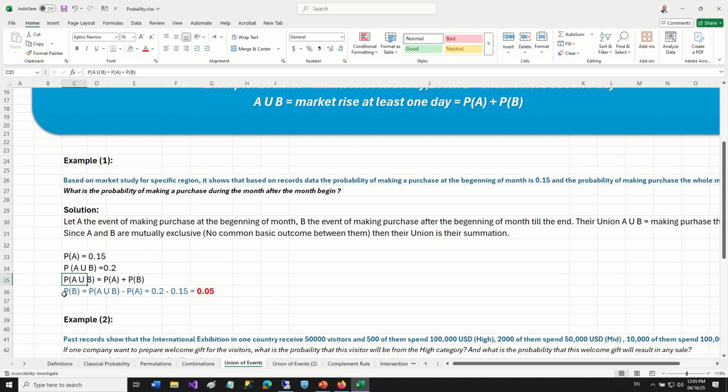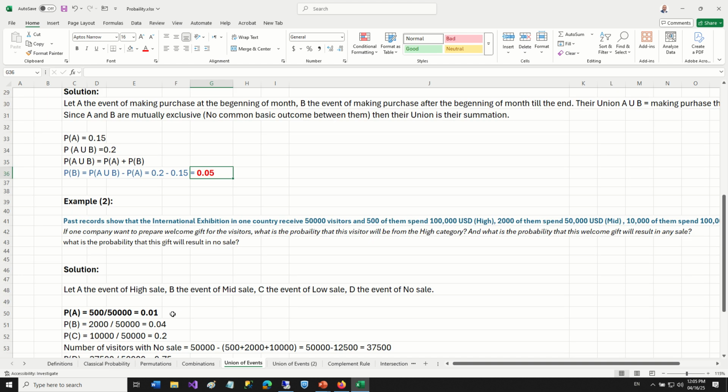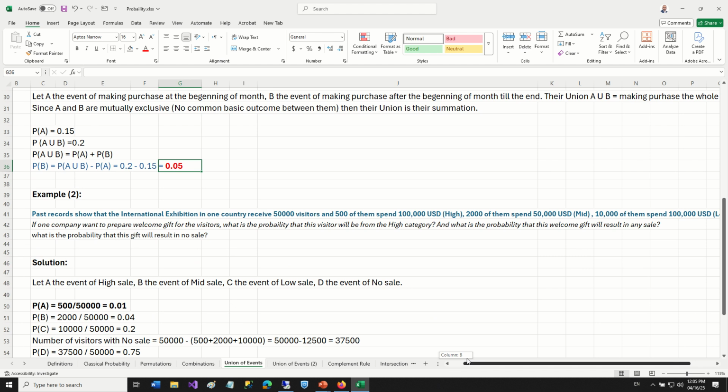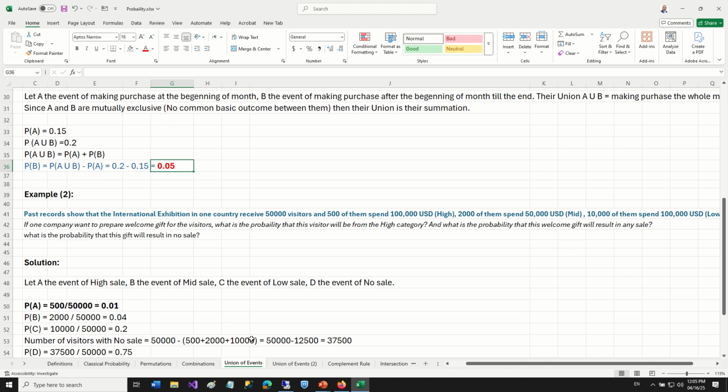So the probability of A union B equals the probability of A plus the probability of B. So the probability of B will simply be the probability of A union B minus the probability of A. So 0.2 minus 0.15 equals 0.05. So it's 5%.